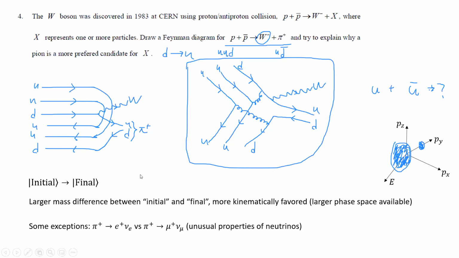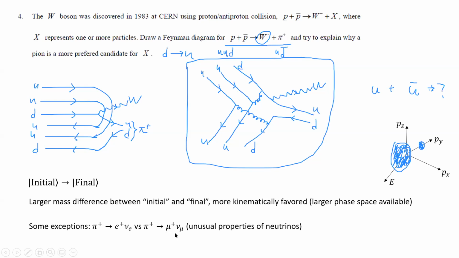But I would like to remind you that there's one very famous exception to this principle. That's the pion decays. If you consider these two processes, according to this principle, you will say the electron channel will be more favored because electron is lighter than muons.